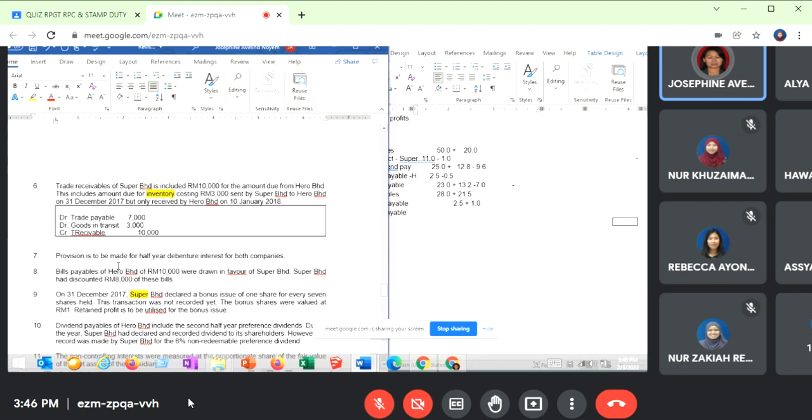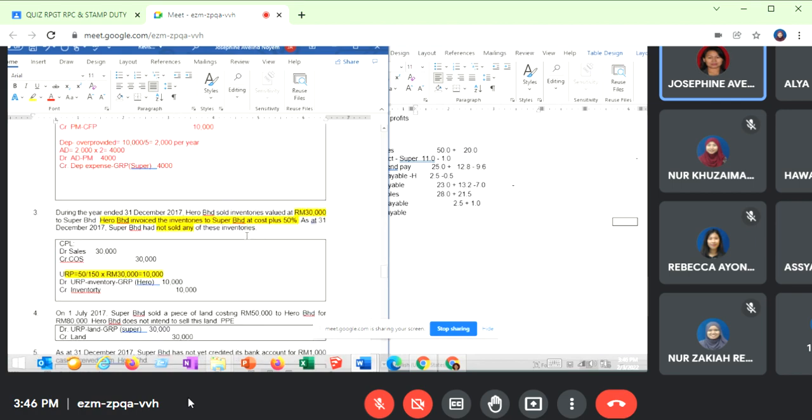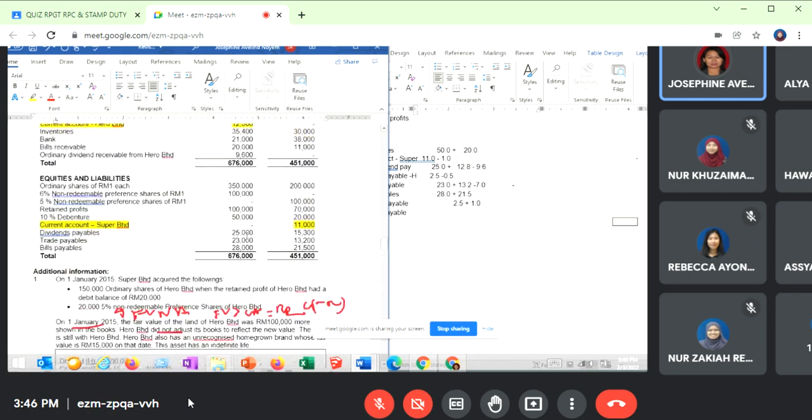Let's go to this. Provision is to be made for a half-year debenture interest for both companies. Okay, go back to your question. You can see here there is a debenture. Debenture 10,000. Sorry, debenture 10.